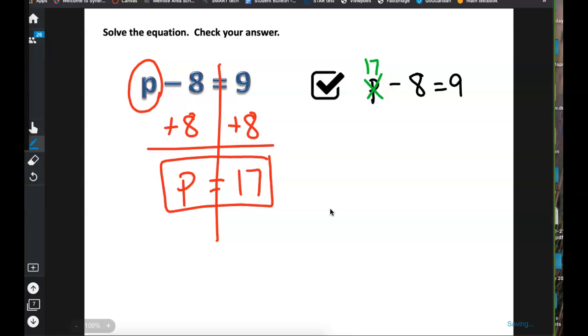And then even if you needed to grab your calculator just to double check it. 17 minus 8, yep, my calculator tells me that is 9. So I must have done the work correctly. Okay, so it works. Questions there?